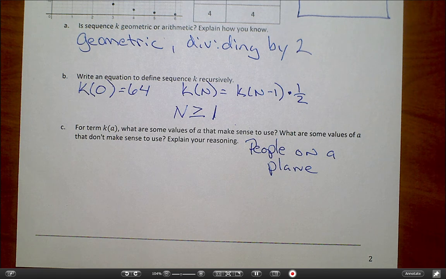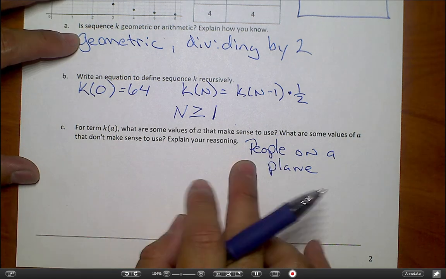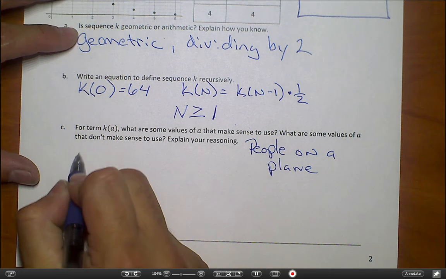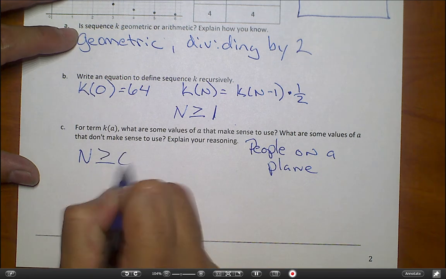Positive, right? Anything else? Whole numbers. So where would I start? I could start at 0, because we made 0 cuts here, didn't we? So n would be greater than or equal to 0. Very good.